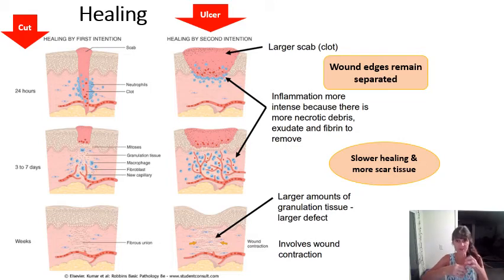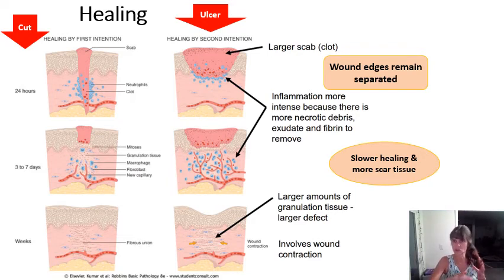There's also fluid weeping, which we refer to as exudate, and fibrin that is going to be involved in the process of healing by second intention.